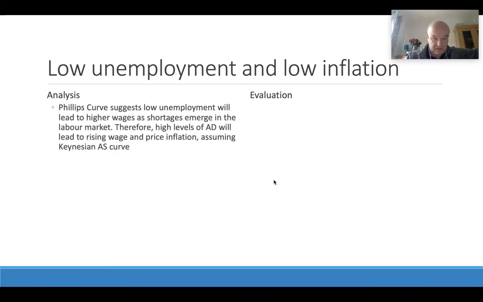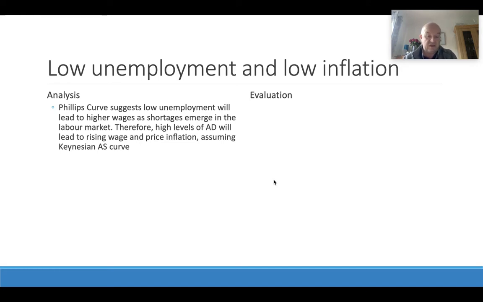Okay, so if we looked at analysis, then the Phillips curve, as I'm sure some of you will know, or certainly based on the activities that you've done to find out a little bit more about it, basically suggests that low unemployment will lead to higher wages as shortages emerge in the labour market.